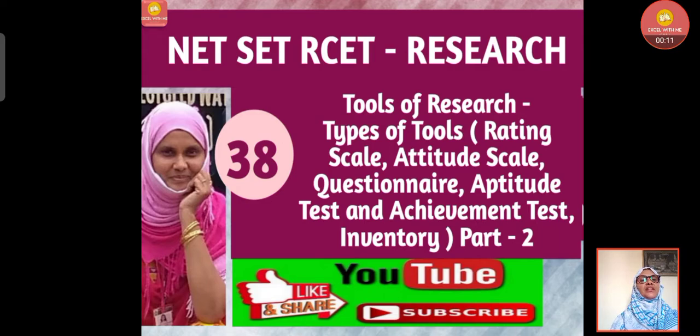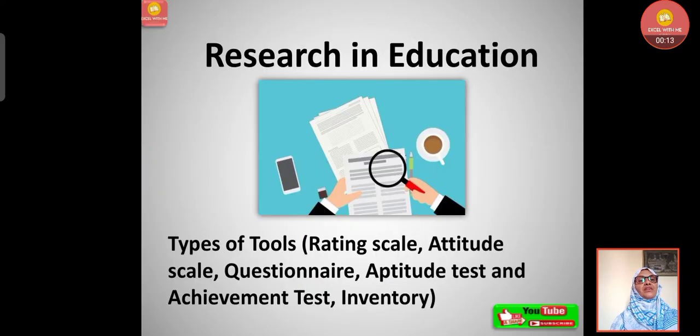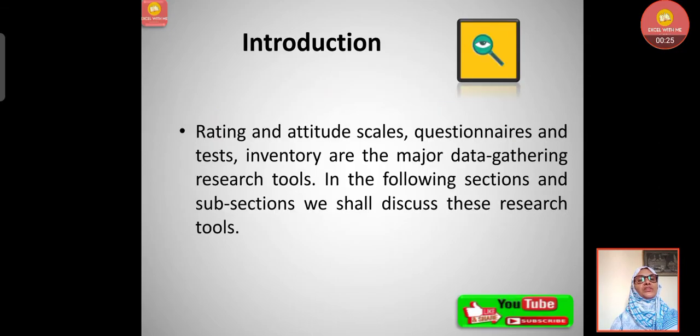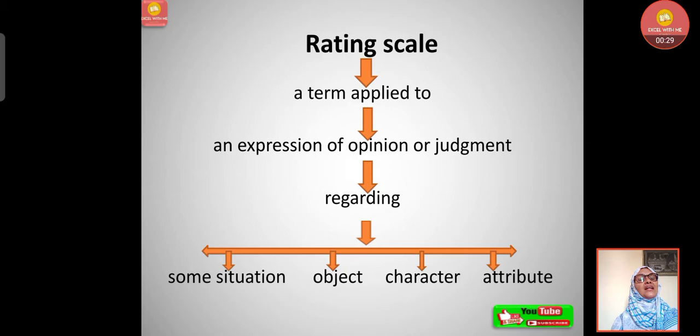Let's start today's class, that is Research in Education, Types of Tools, with the subtopic Rating Scale. We were discussing under Types of Tools. We have understood what are the different types of tools, under which the first type we have understood as rating scale, a term applied to an expression of opinion or judgment regarding some situation, object, character or attribute.